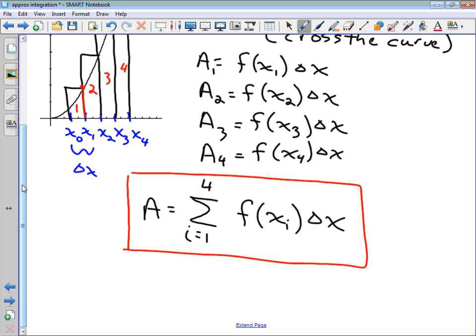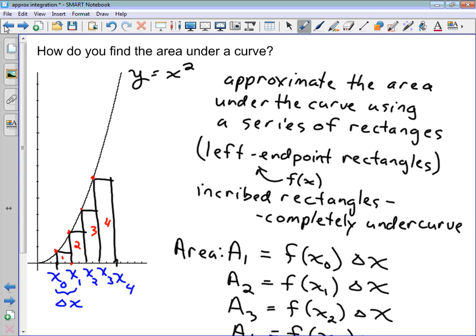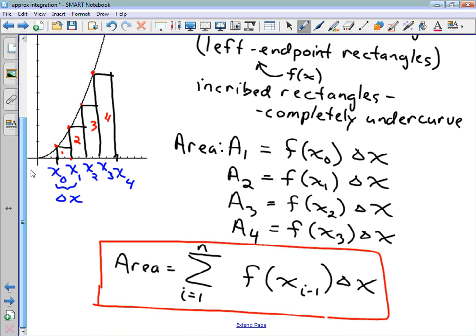Now, if we compare these two methods, what you can see in this first method here is that we've got a bunch of blank space underneath our curve that we're probably not considering when we do our sum.